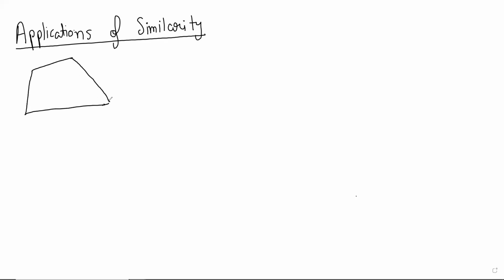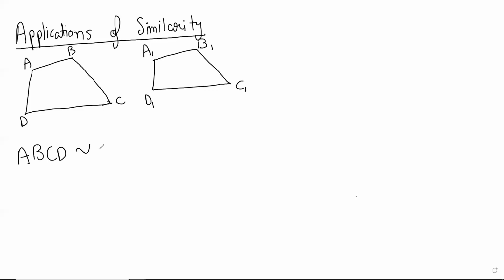So let us say that there is one quadrilateral. There is another quadrilateral. So we say that ABCD is similar to A1 B1 C1 D1.